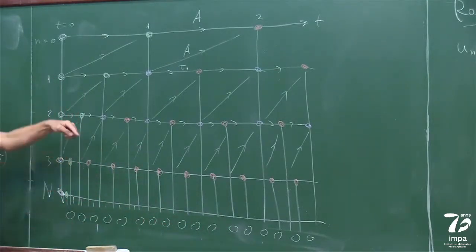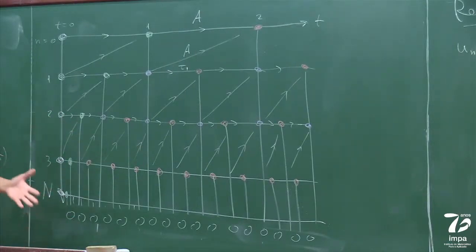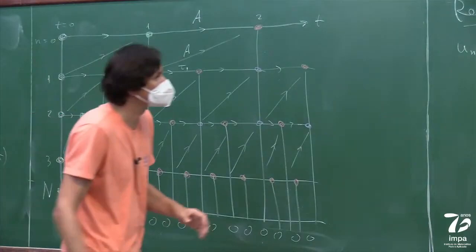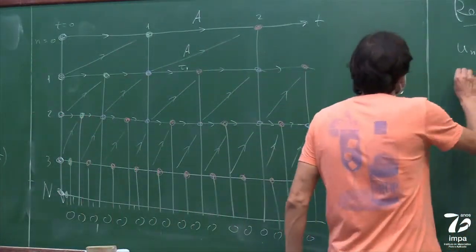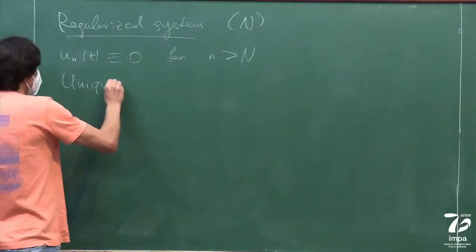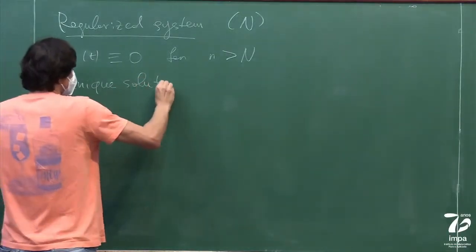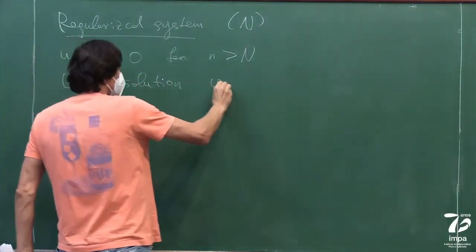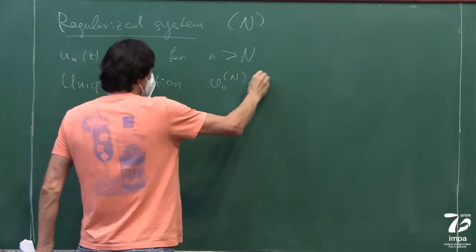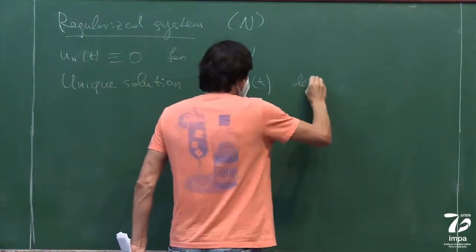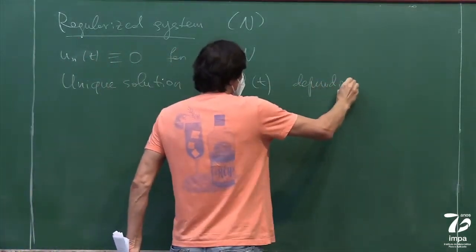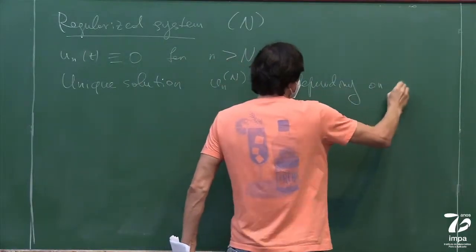So clearly the solution is now uniquely defined, because everything is 0. Nothing comes from infinity; what comes from infinity is 0. So we have a unique solution, depending on regularization, of course.